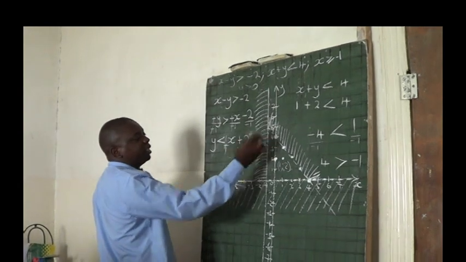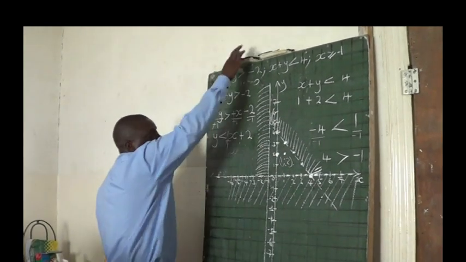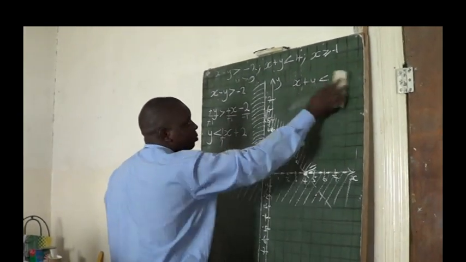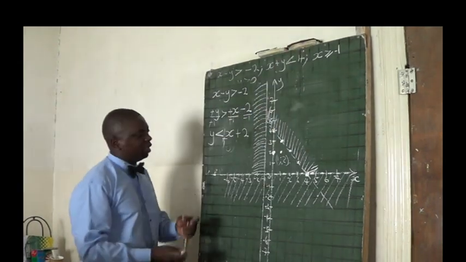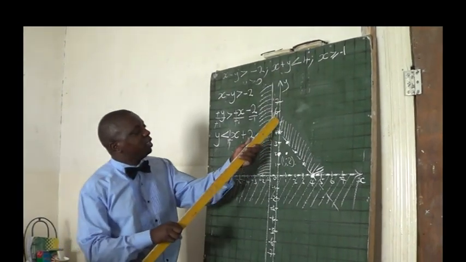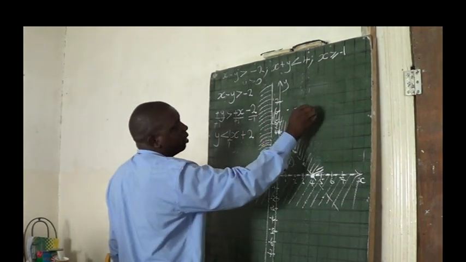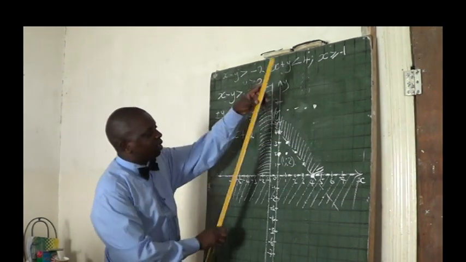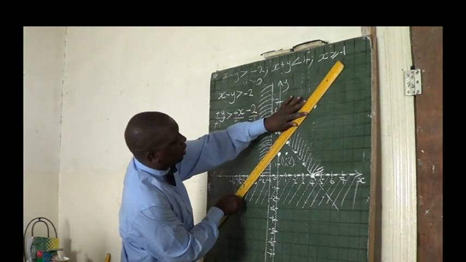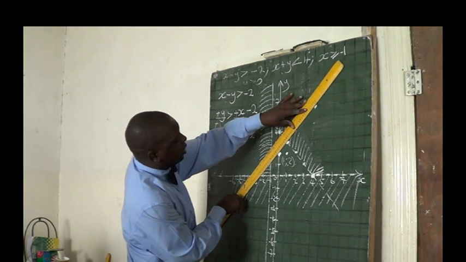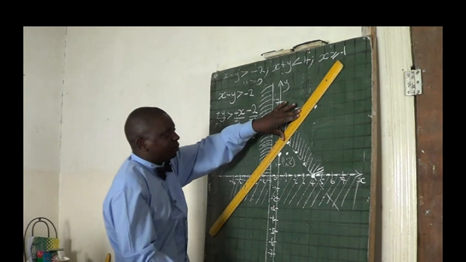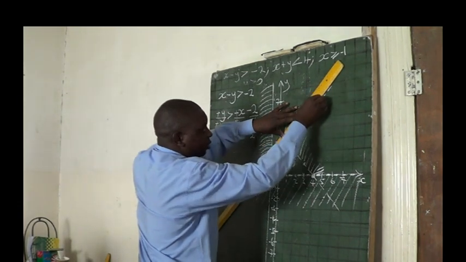Whatever distance you move vertically is exactly the distance you move horizontally for you to come up with a line. Even if you move 1, 2, 3, 4 vertically, it means you move 1, 2, 3, 4 horizontally. So your line will go in that direction. What is the nature of the line? Broken.